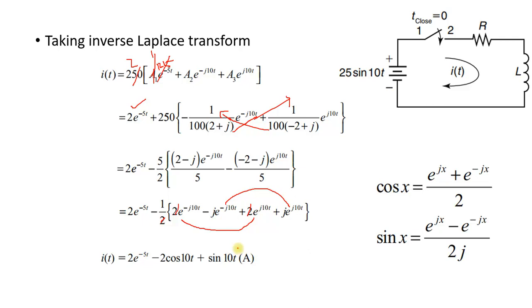Okay, so minus of minus should be plus. If you rearrange this, already this minus is present, so minus of minus it should be plus. The final expression is equal to 2 cos 10t plus sin 10t, and already this 2 e power minus 5t term is present.